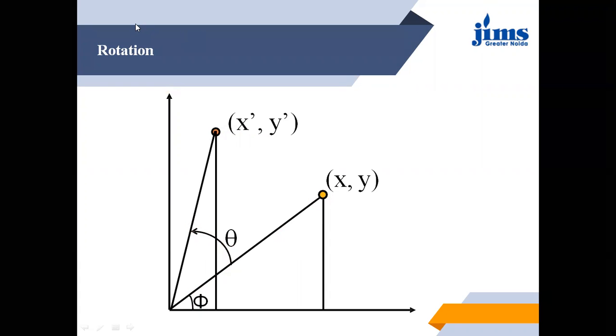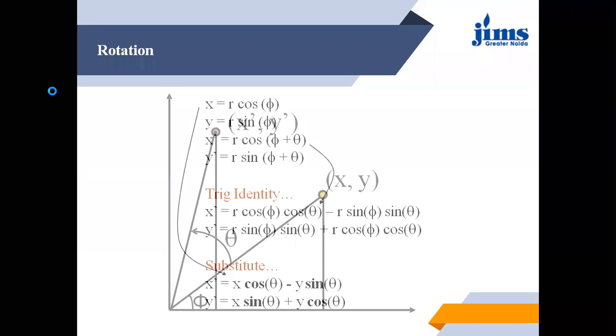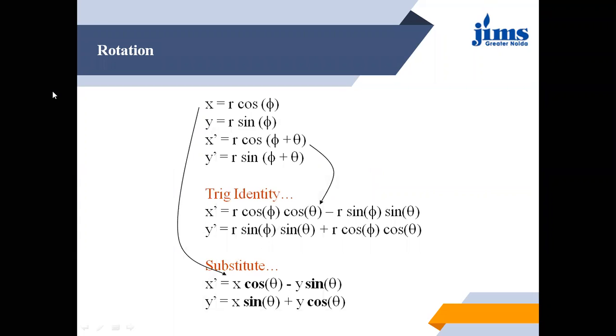So the total angle from the x-axis will be phi plus theta. Because we have to find a formula for this, we will use phi plus theta in the next slide. So let us see how to find the formula for the rotation.